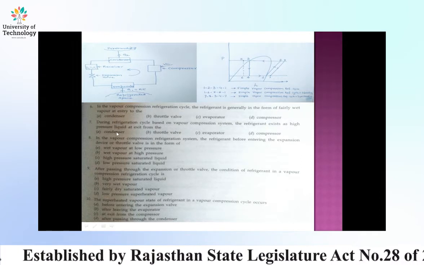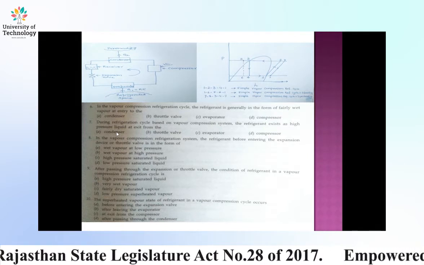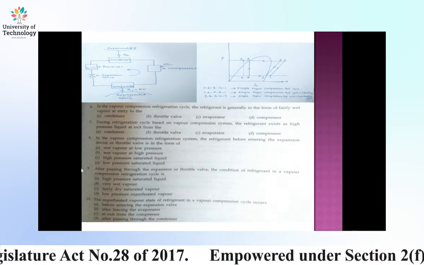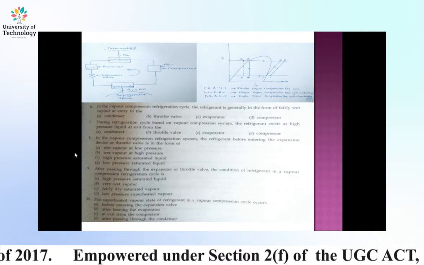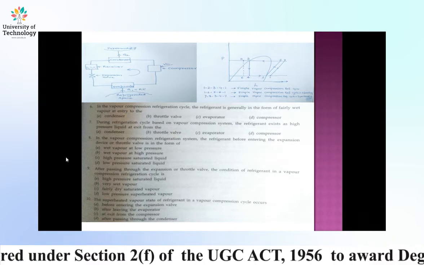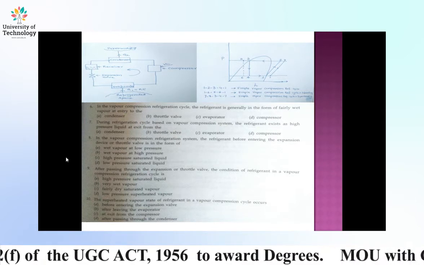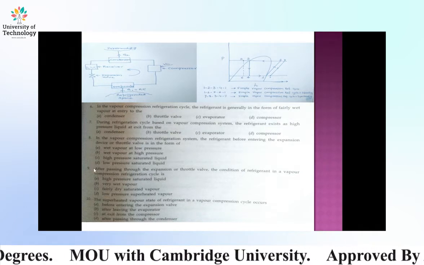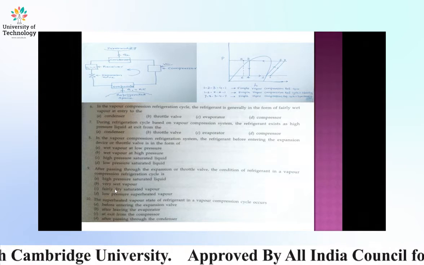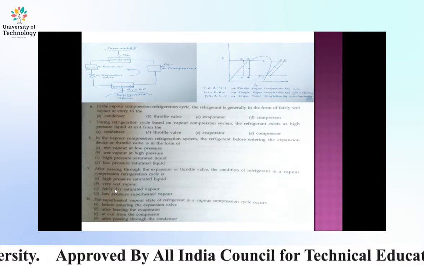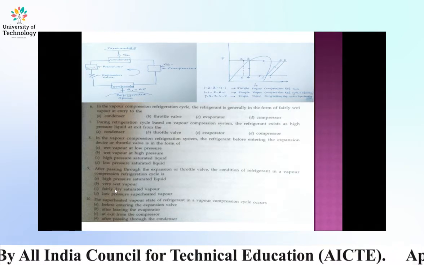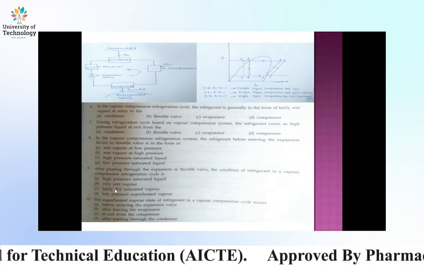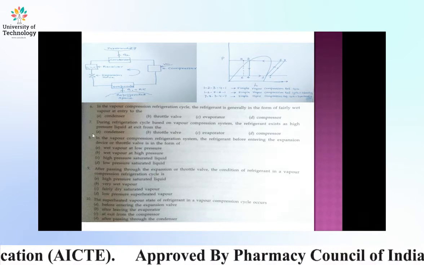Now question 8. In the vapor compression refrigeration system, the refrigerant before entering the expansion device or throttle valve is in the form of... Look at this.